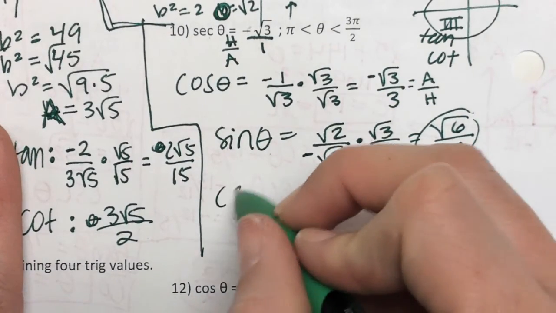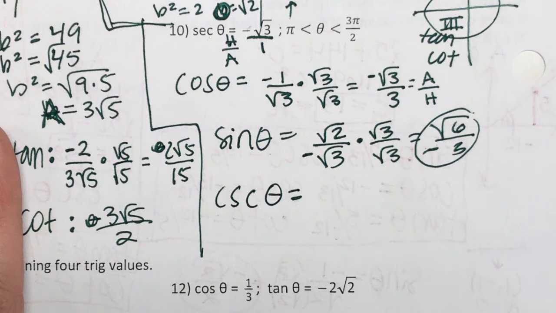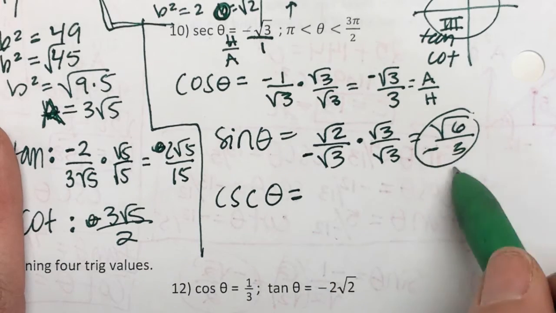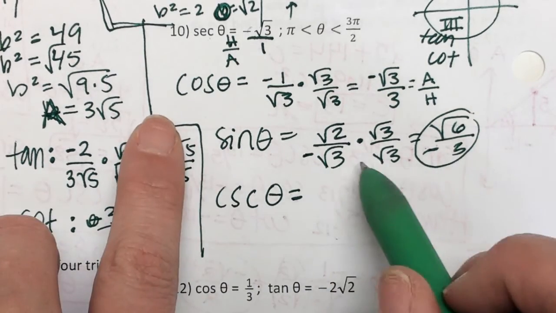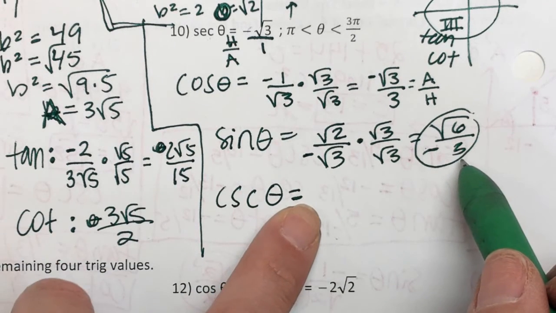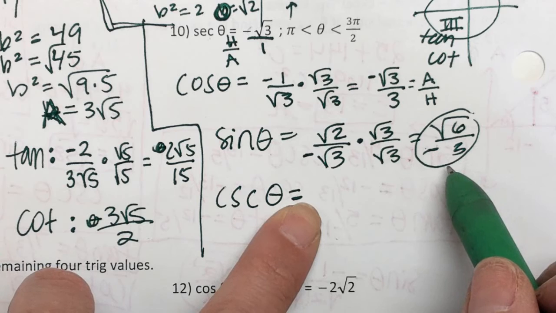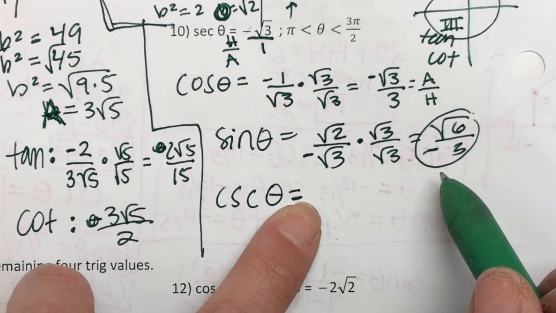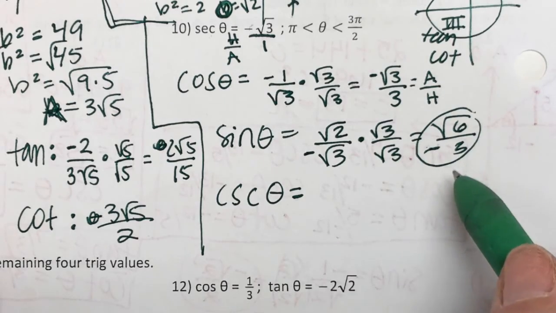Alright, cosecant, so the opposite. I'm going to flip-flop what 2 numbers? Or question, does it matter if I flip-flop these or these? Will you get the same thing? If I flip-flop these or these? Yes. We'll get the same thing? No, it's right, yes. Okay, so which one do you want to flip-flop, Darian? These or these?